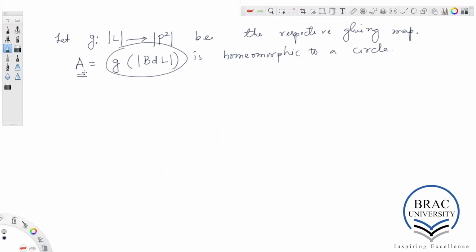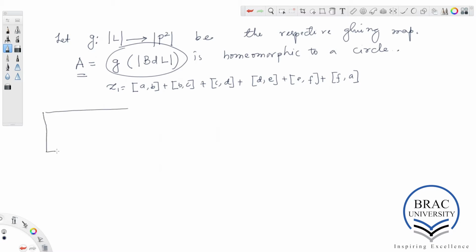Okay, now we denote by Z1 this one chain AB plus BC plus CD plus DE plus EF plus FA. So let me draw this guy here once again, because we need this label rectangle now.